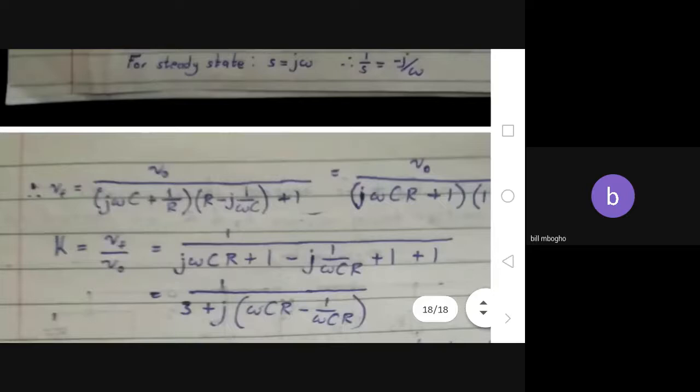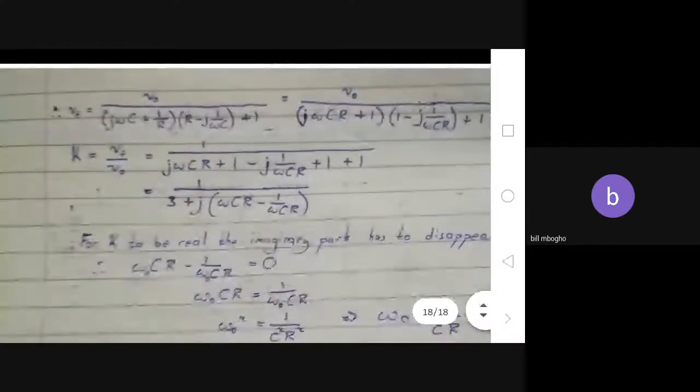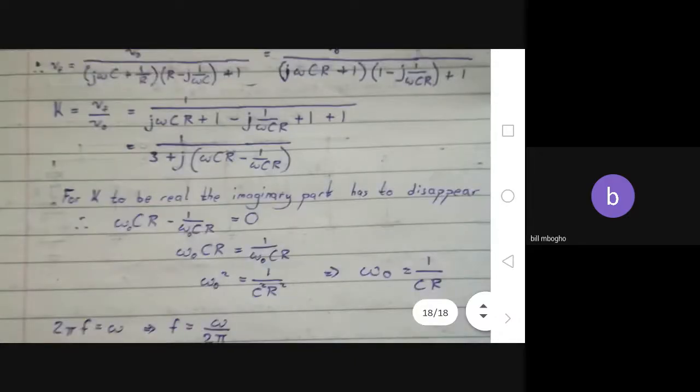So the calculations go on with the multiplication and addition, and then you get K, which is VF over V naught. So the V naught here cancels, and you get 1 over J omega CR plus, all of that. And then you get 1 over 3 plus J something.